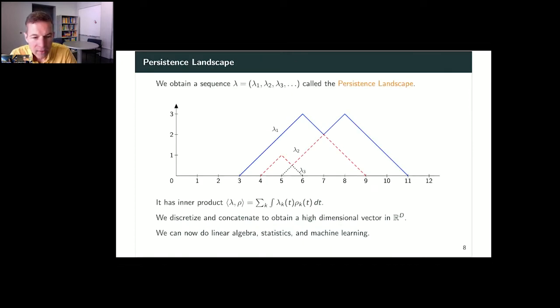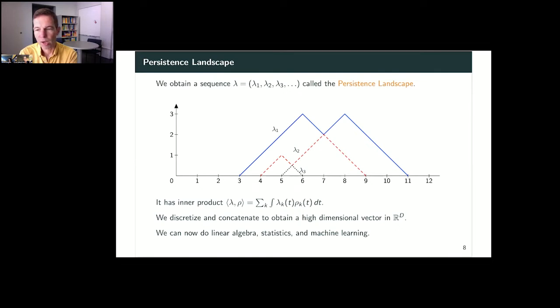If we plot this 2-parameter family, which we can think of as a sequence of functions, and we graph those functions, this is what they look like. It's a decreasing family of piecewise linear curves, and under some mild hypotheses, these are square integrable functions. So they live in a Hilbert space. There's this simple classical inner product, and in fact we can discretize these, which is convenient computationally.